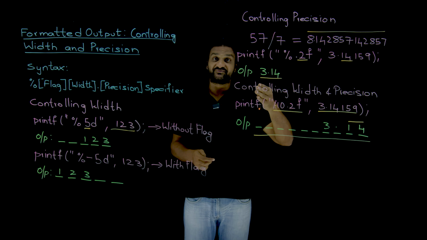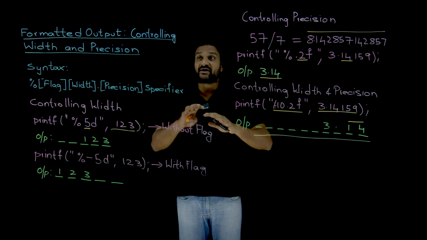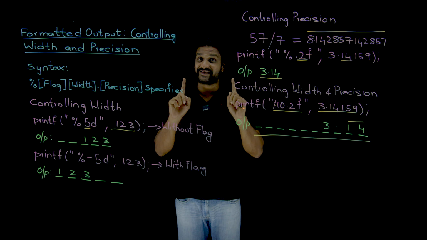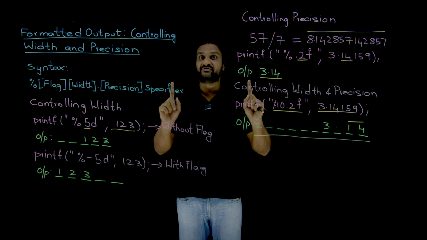So this is how we can create a formatted output by using the printf function. That's it for this video. In the next class, we will come up with an example where we will cover all these concepts in one single example. Thanks for watching, and we will see you in the next class.